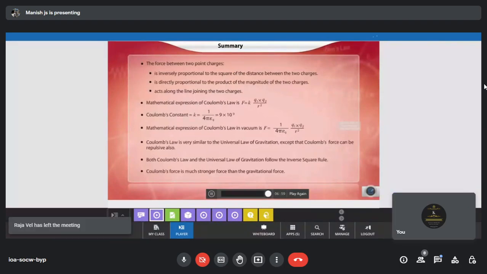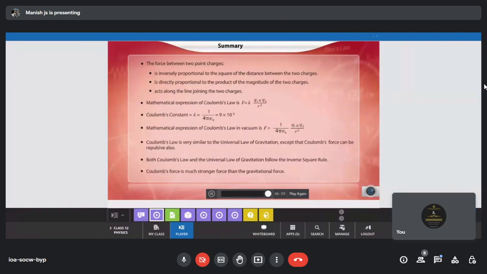Yeah, it is inversely proportional to the square of distance. We don't say direct, we say inversely, 1 by R square, right? So we use the term inverse. So as the distance reduces, what happens to the force between two charges? Will it increase or decrease? Yes, it will increase, because it is inversely proportional. But it is directly proportional to the product of the charges. Okay, that is the difference.